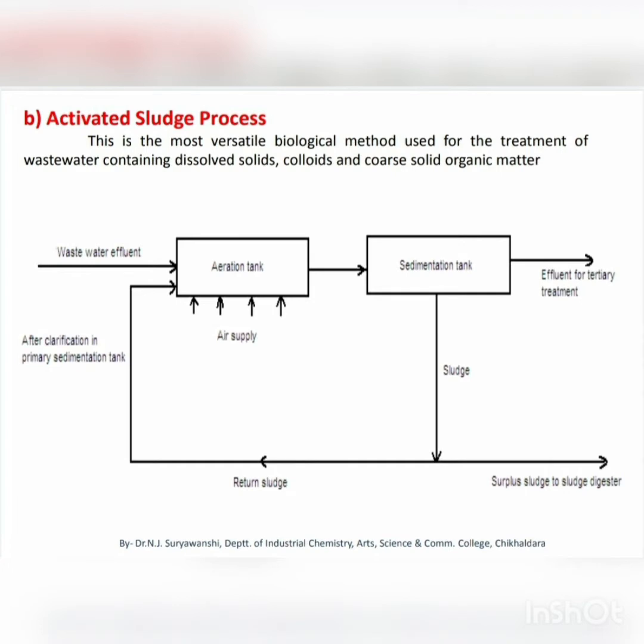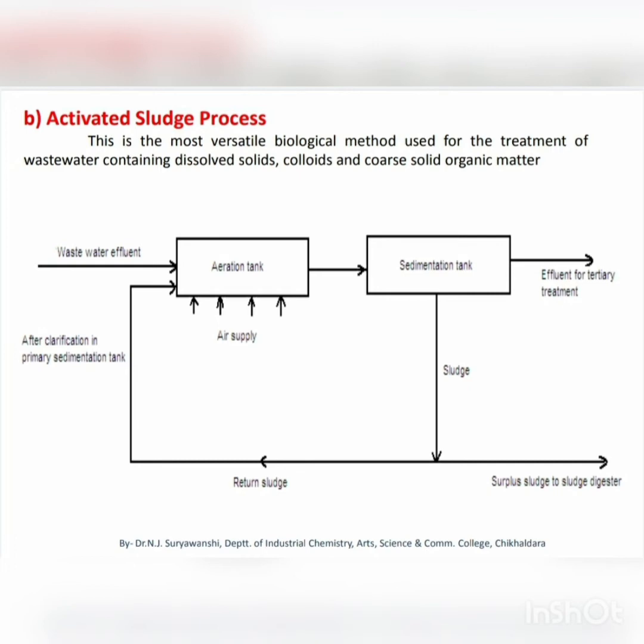Another process used in aerobic treatment is the activated sludge process. This is the most versatile biological method used for the treatment of wastewater containing dissolved solids, colloids, and coarse solid organic matter. In this process, the sewage or industrial wastewater is aerated in a reaction tank in which some microbial floc is suspended.